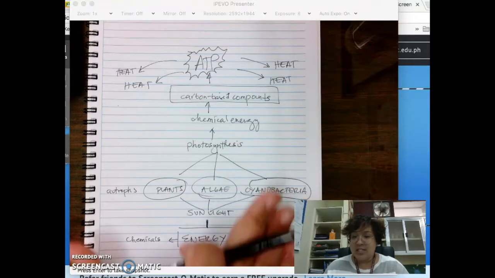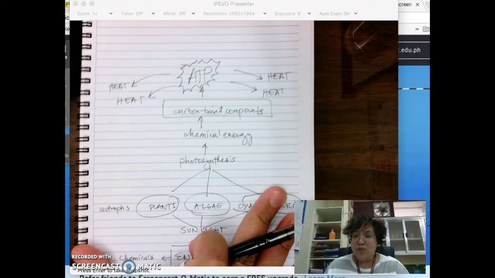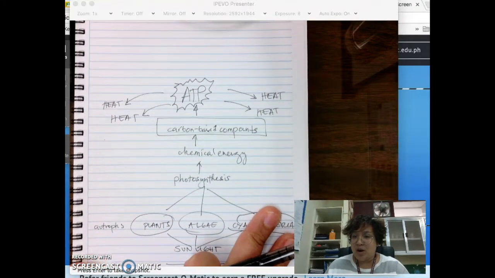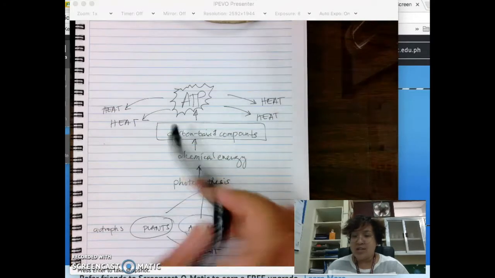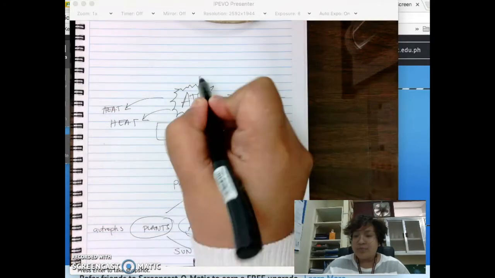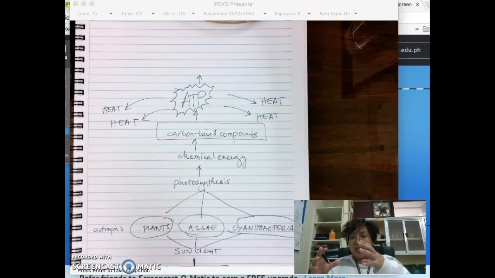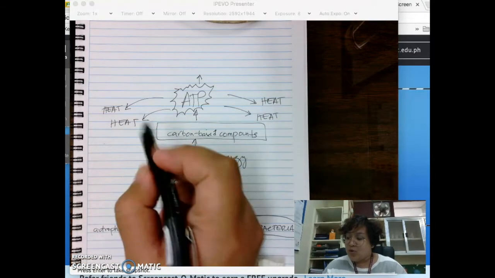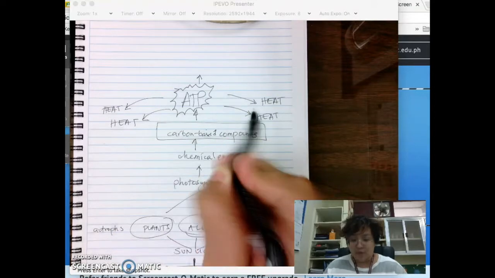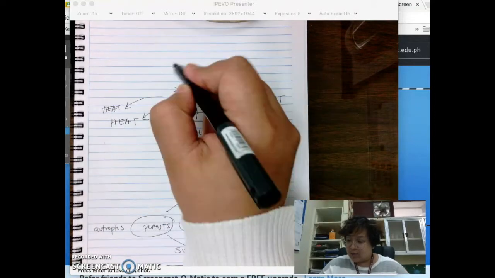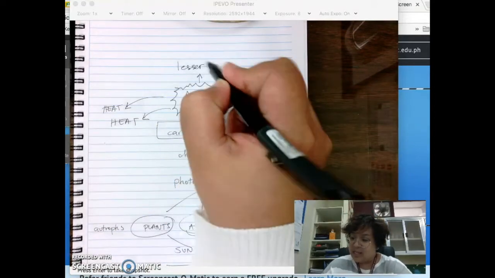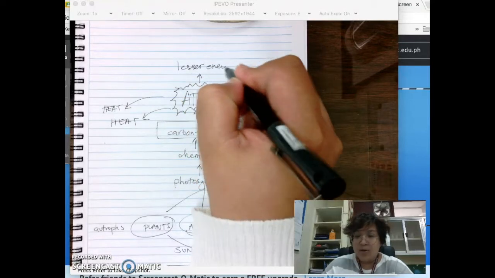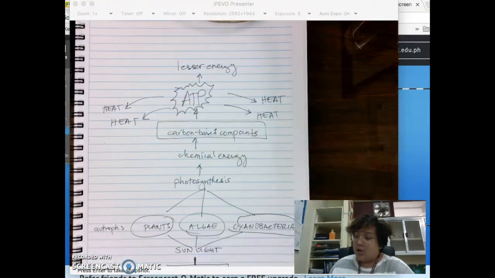Now, where does this take us? If the food consumed by organisms is eventually converted into heat, from one organism eating another organism eating another organism, we're losing some of that energy from organism to the next. So there would be less energy for the next organism.